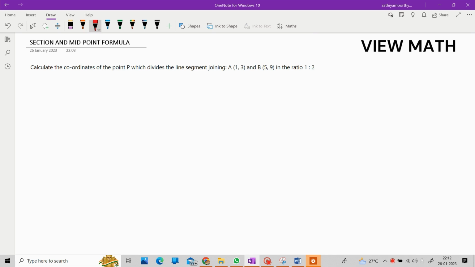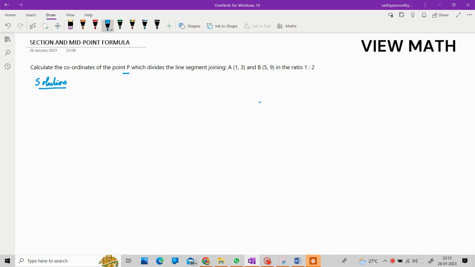Coming to the exercise: calculate the coordinate of the point P which divides a line segment joining A (1,3) and B (5,9) in the ratio 1:2. So straight away I am going to the solution. Here they are asking us to find the coordinate of the point P which divides the line segment joining A and B in the ratio 1:2.